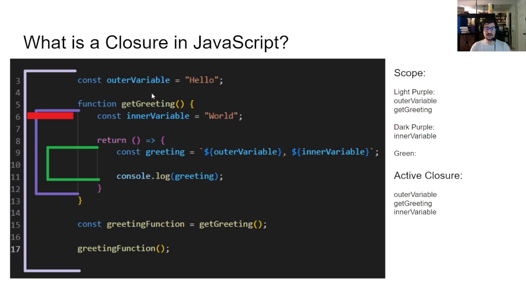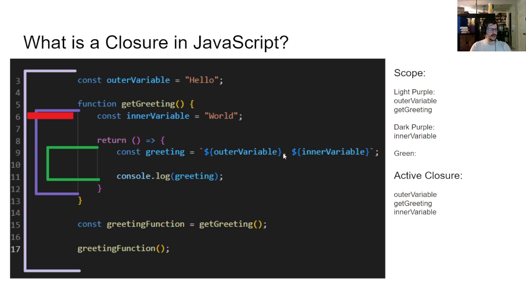Fun fact as well, if you add more elements into scope, that scope is dynamic. And so if I call getGreeting again, like maybe 30 lines down, greeting function would also be part of that closure. But we'll get to that. So the active closure in this case, what is available at line 6, is everything that was available in the light purple scope because that's when it was created, and also inner variable.